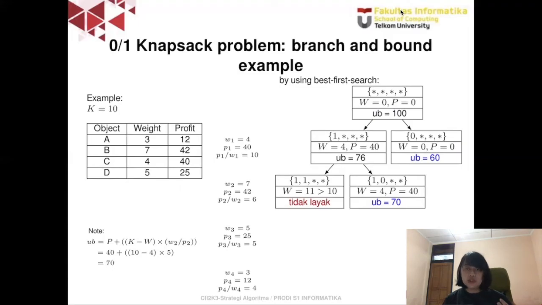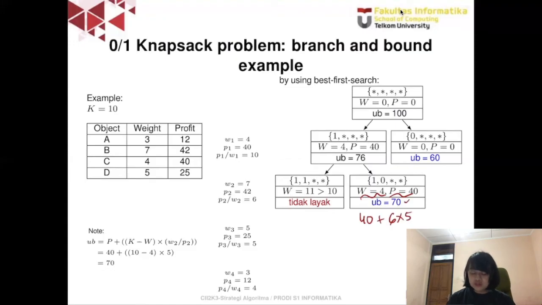So here we will still have the total weight of 4 and the total profit of 40, and the upper bound will be 40, which is the profit we have so far, plus the remaining capacity we have, which is 6, multiplied by the largest density we have, which is 5.